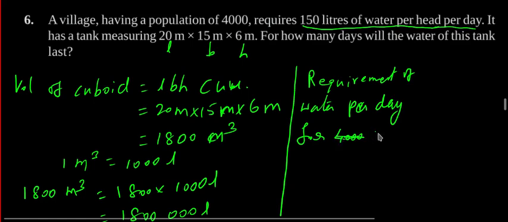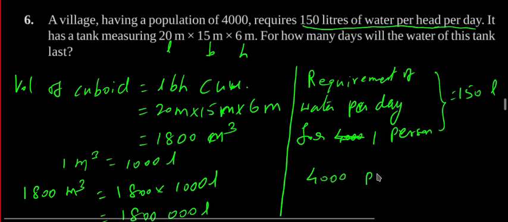Okay, we'll take for one person. So, one person, we need 150 liters. Okay. So, requirement of water per day for 4000 people. For one person, 150 liters.